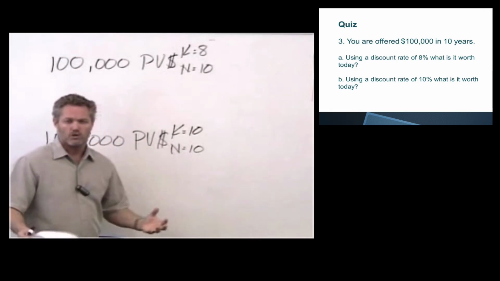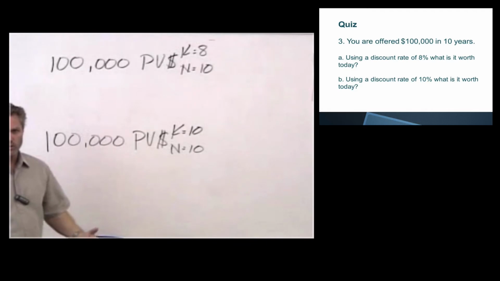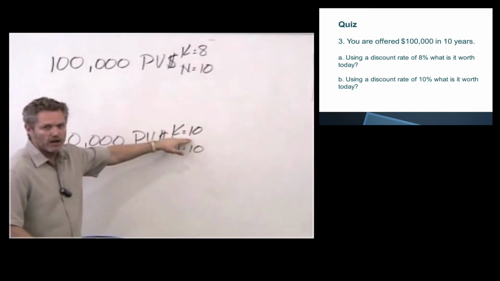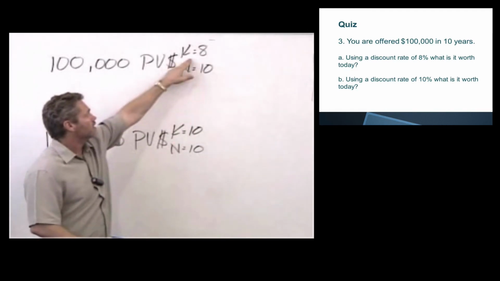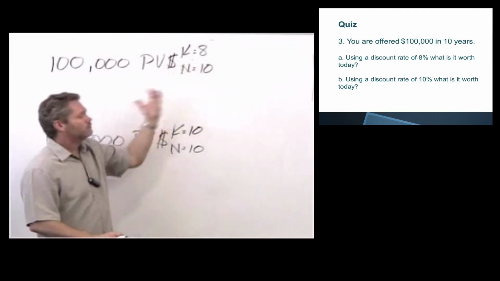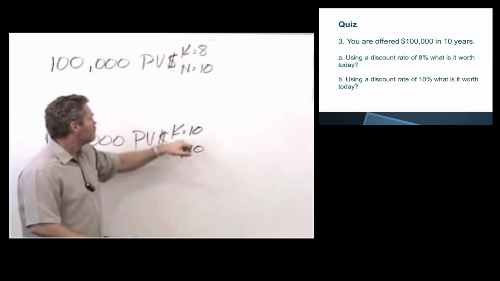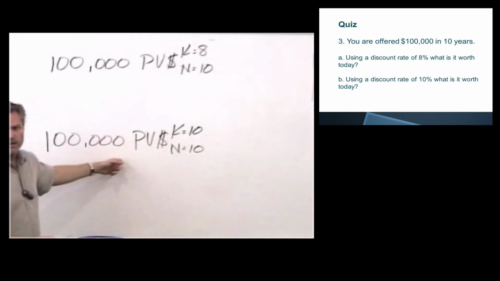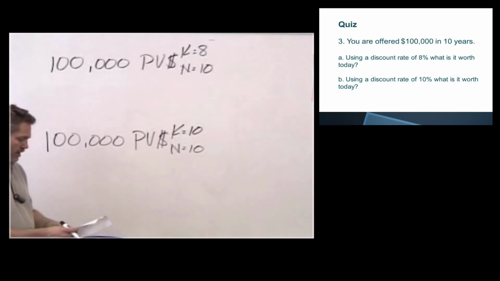You walk into a store, you want to buy some shoes. You would rather see a 10% discount than an 8% discount. If I'm discounting at 8%, pretty good deal. Better deal if I got a 10% discount. This number is going to be lower. If it's not lower, we made an error.